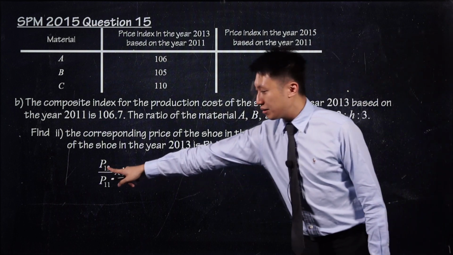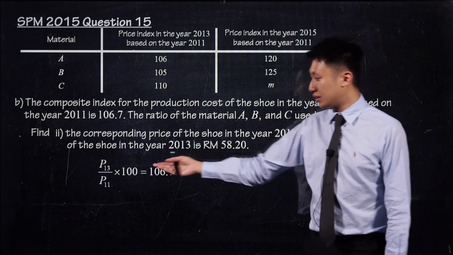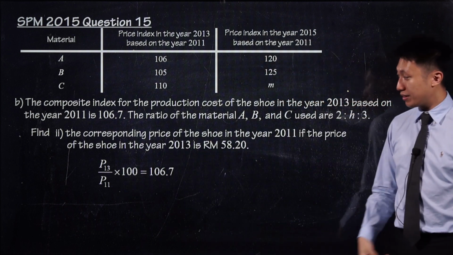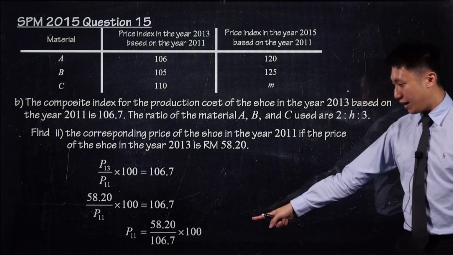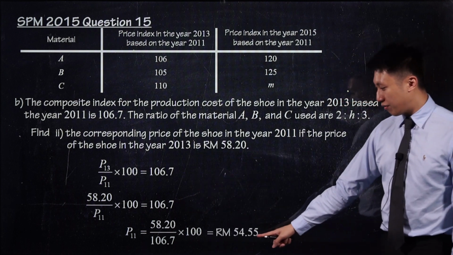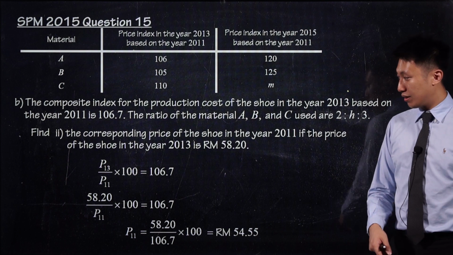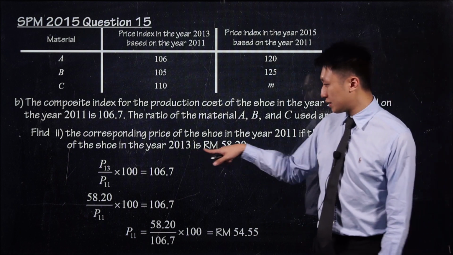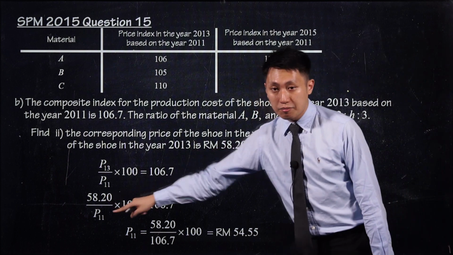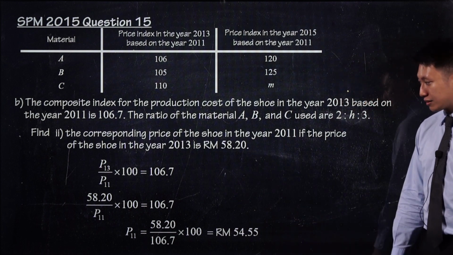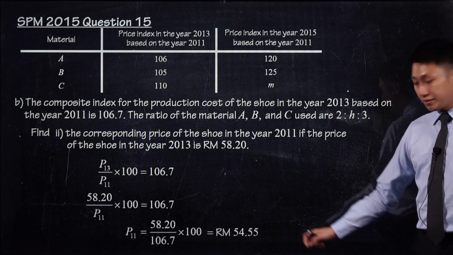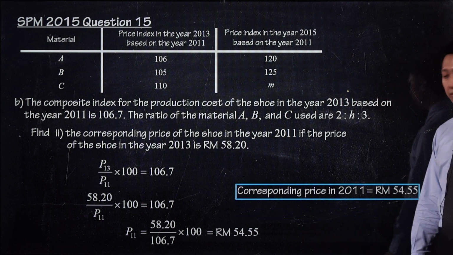P13 is the price in 2013, P11 is the price in 2011. You just put things in and you get the answer, which is 54.55. You have no problem with this one, right? Because for 13, you just substitute this in. P11 is the thing you want to find. Just move it over and you get an answer. And just give a conclusion here.